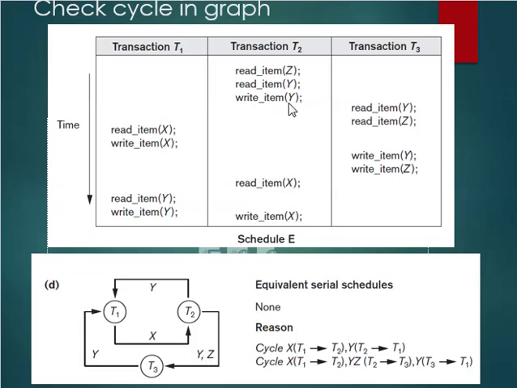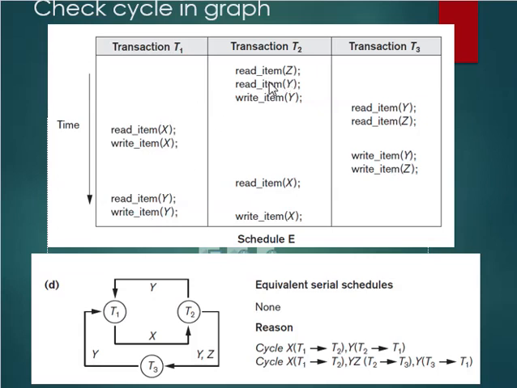Next, write item of Y. So write item of Y is there in T2. It is the third operation executed in the schedule. So it should make a conflict between, okay, we missed one thing. In transaction T1 you also have read item Y and write item Y. So T2 also makes a conflict with T1.